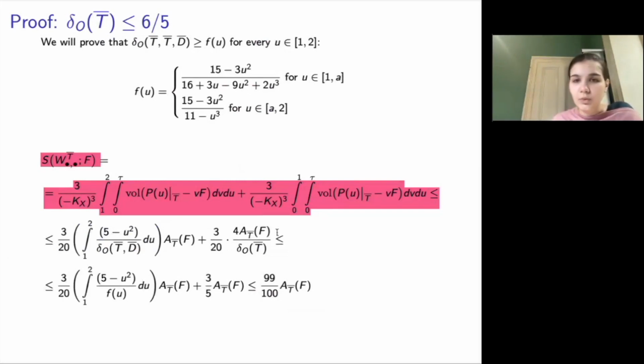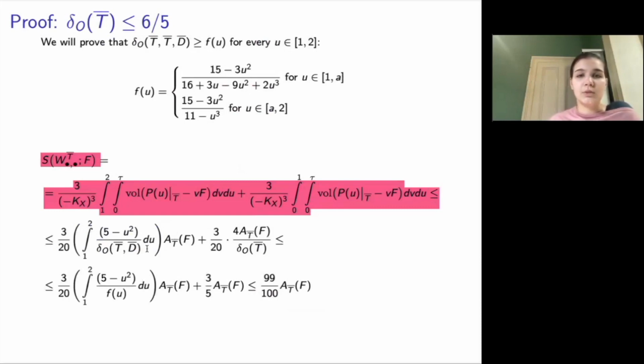So the estimations for the second integral are just as the ones which we had for the previous estimation. So it will be just one of those integrals on one of the previous slides.